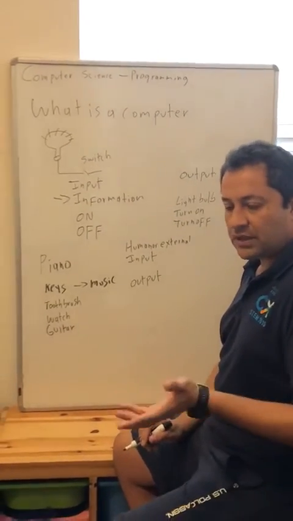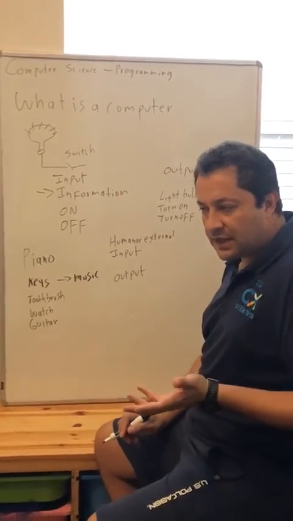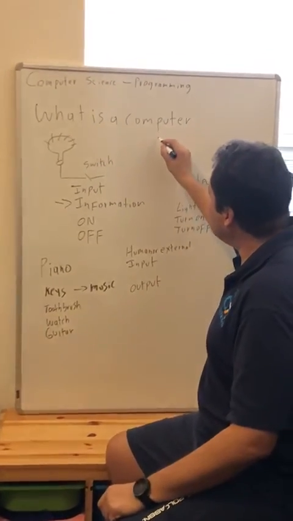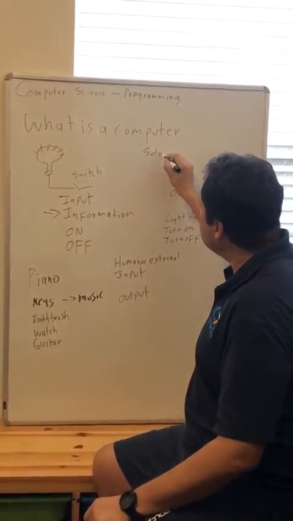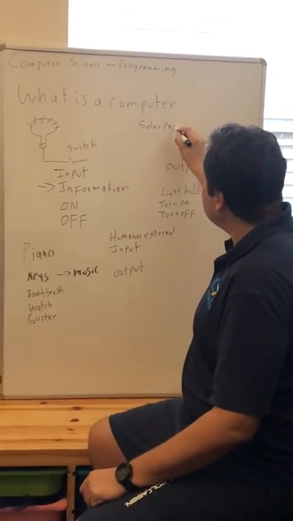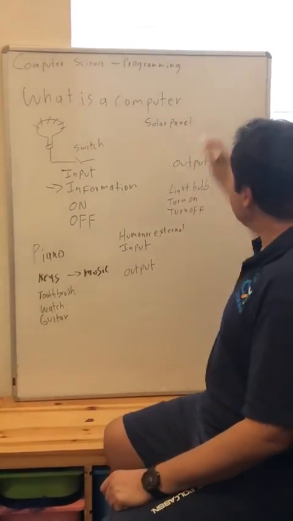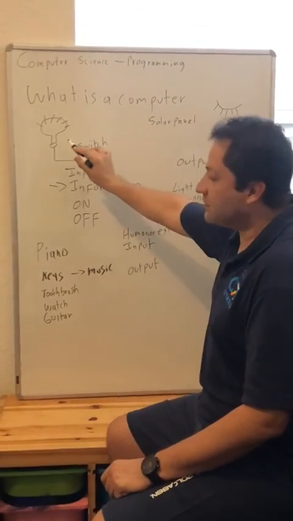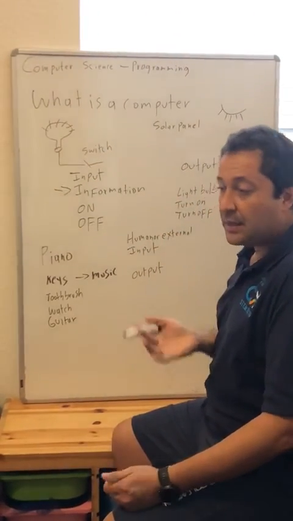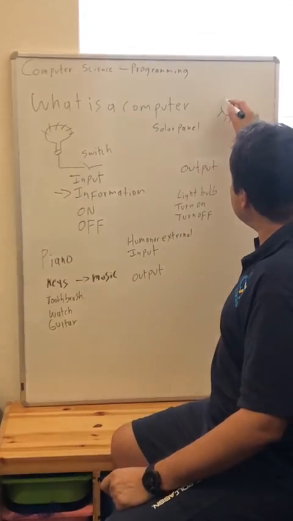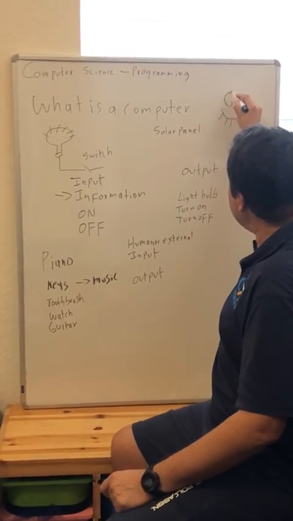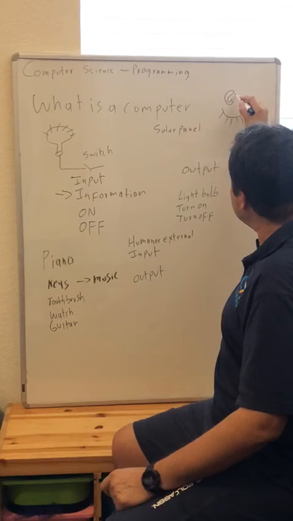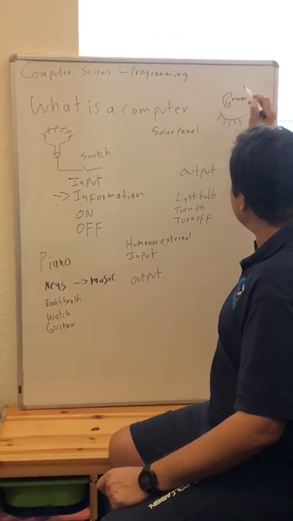You have seen that sometimes in the house we have something called a solar panel. And during the day, when we have the sun, the light bulb is off. But when it's night, we have the moon. This is a moon. Okay?